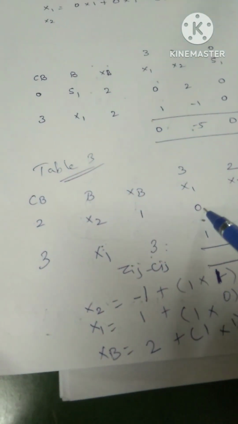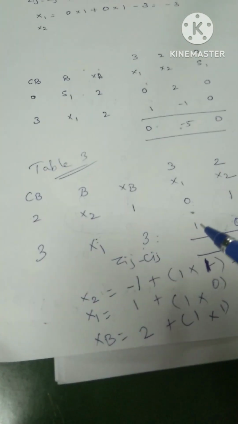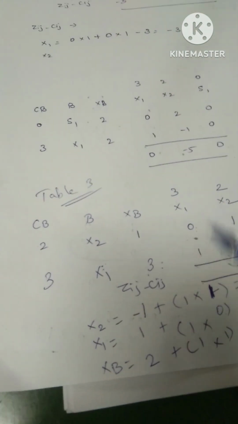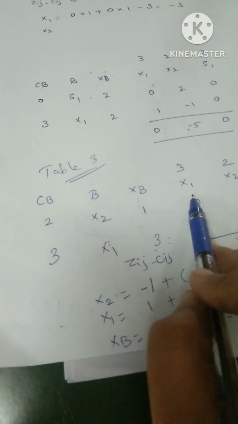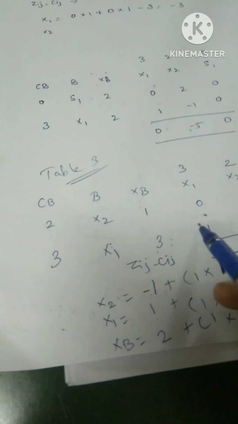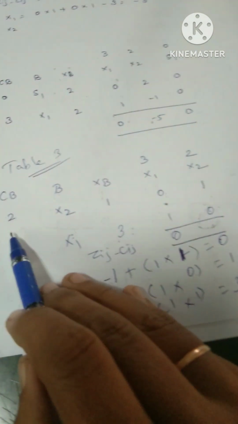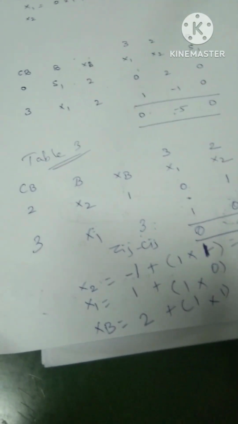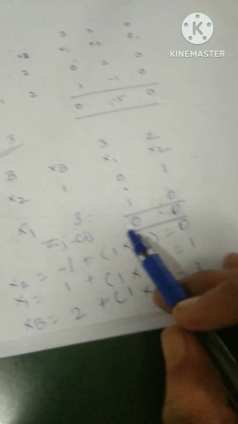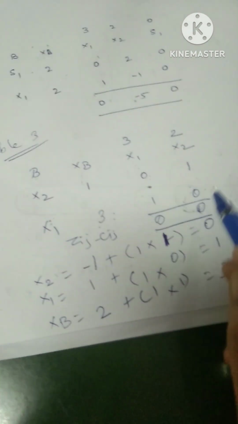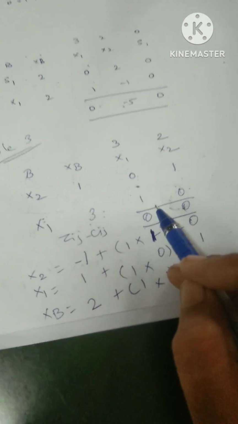The formula is Cb1 multiplied with x11 plus Cb2 into x12 minus objective function. So 2 into 0 is 0, plus 3 into 1 is 3, minus objective function 3, so I am receiving 0. The same for x2: 2 into 1 is 2, 3 into 0 is 0, minus 2, that is 2 minus 2 is 0.